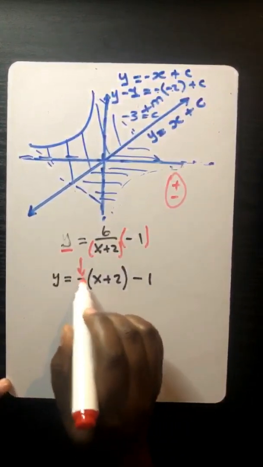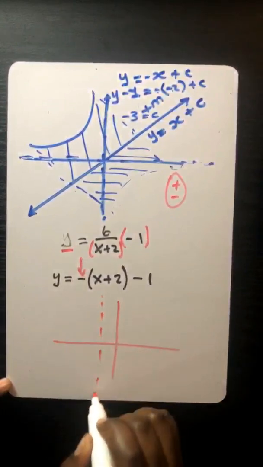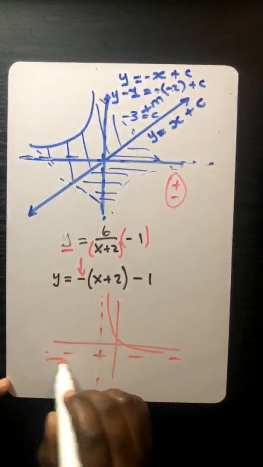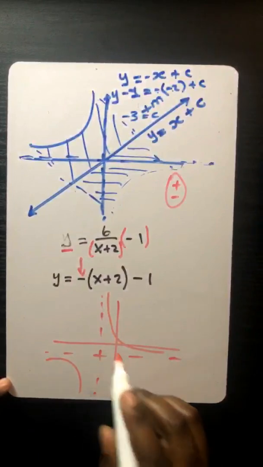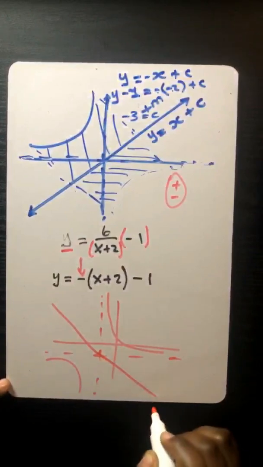So this negative, ladies, remember we are having that and again that. So we drew that in those quadrants. That means the axis of symmetry is the one having a negative gradient over there, ladies and gentlemen.